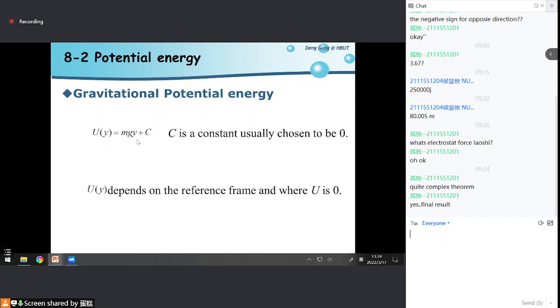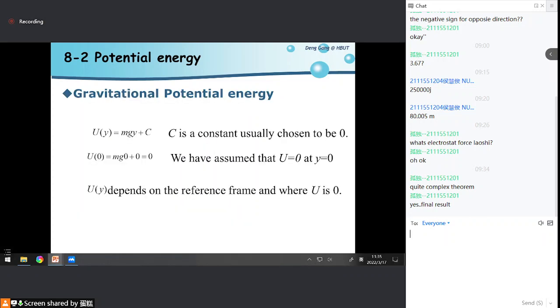To calculate the potential energy, you just use this equation and choose C equal to 0, which means you choose where y is equal to 0 to be the zero position of the potential energy. So we assume U is equal to 0 at y equal to 0. Then we can put C to be 0, and the equation is simplified: U y is equal to m g y. That's enough.